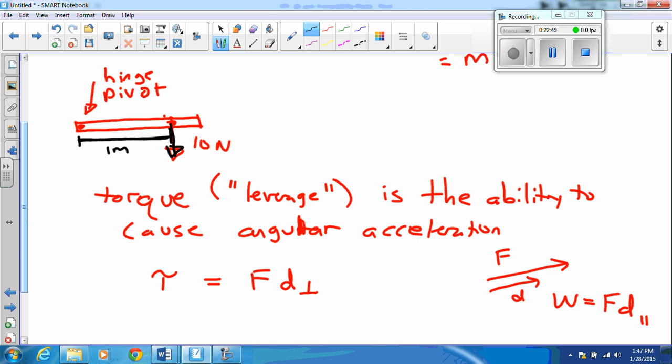And I say, aha, the amount of torque that's being exerted in this situation is equal to the force times the perpendicular component of distance, which gives me 10 Newton meters worth of torque. Just like that.